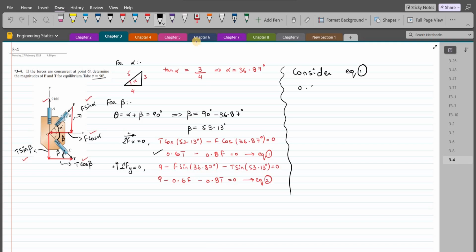So we have 0.60 T minus 0.8 F equals 0. F is equal to 0.60 T upon 0.8, and upon further simplification, F is equal to 0.75 T. Let's call this equation 3.